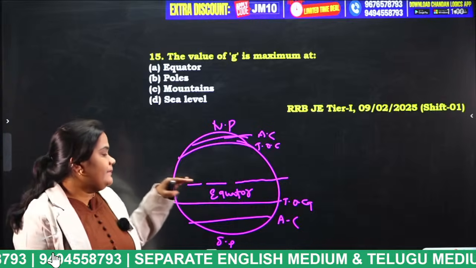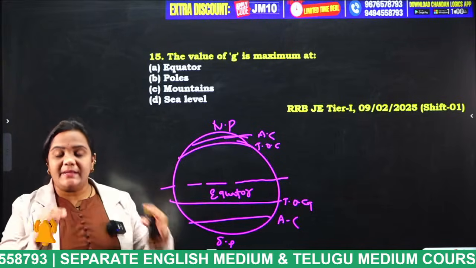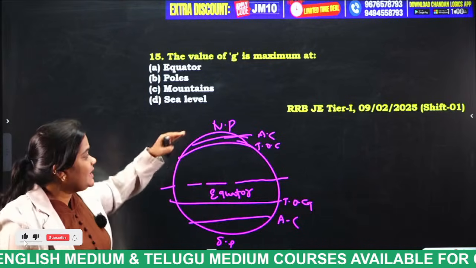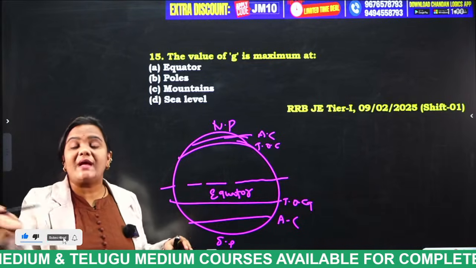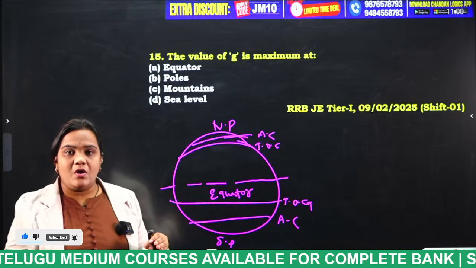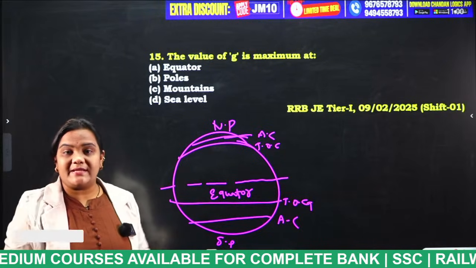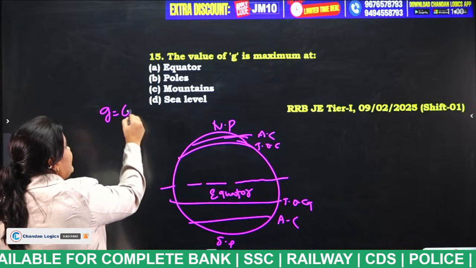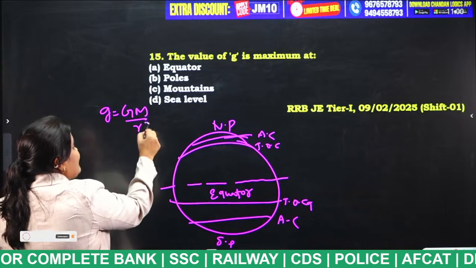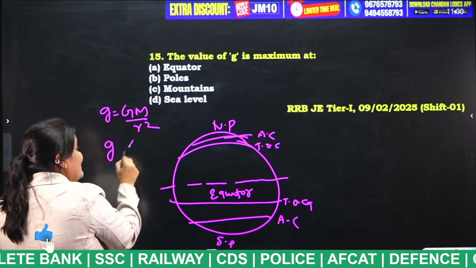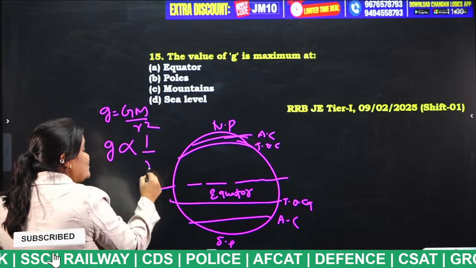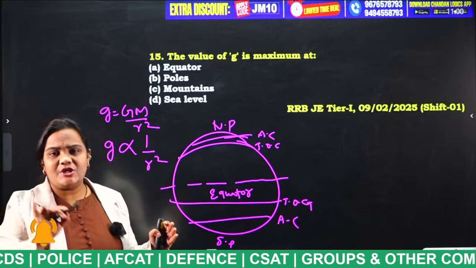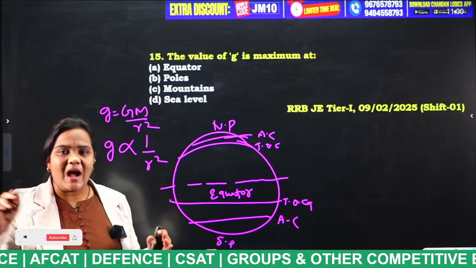The equator will be at the middle. At the equator the earth bulges, and at the poles our earth looks like flat surfaces. Now how can you say that? We have a relation: g is equal to GM by r square.